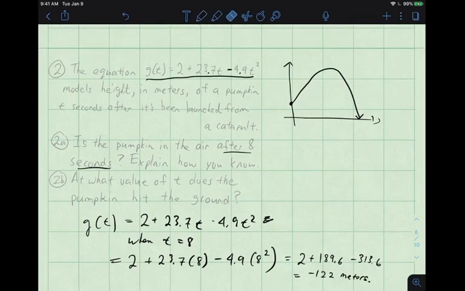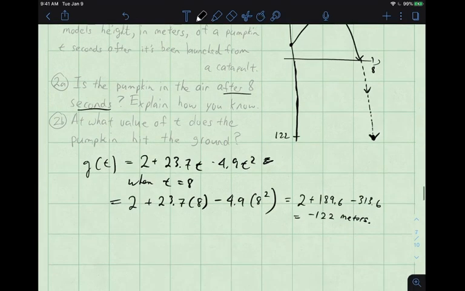So that means, if I were using a graph to represent this, 8 seconds would look something like, okay, maybe over here. If 8 seconds were there, it's all the way down here. Okay, and does that part make sense? Not so much. It already hit the ground, and the pumpkin doesn't go 122 meters down into the ground. Okay, so that part of the graph doesn't exist.